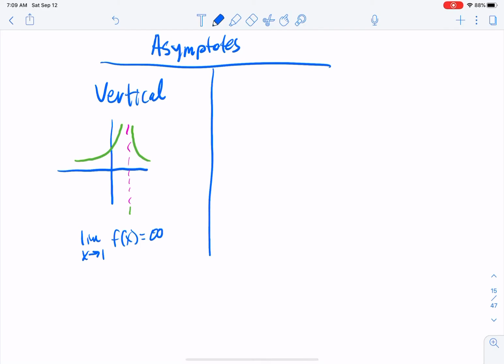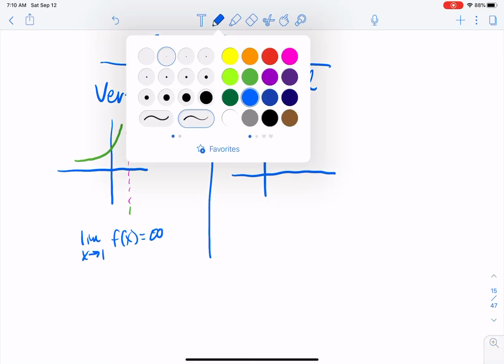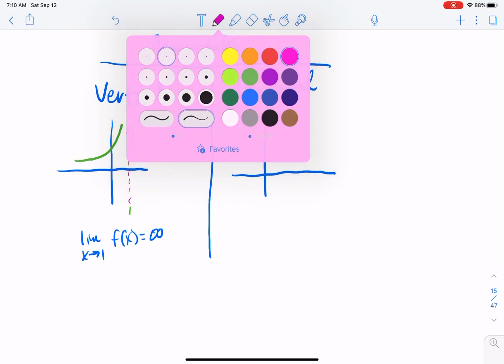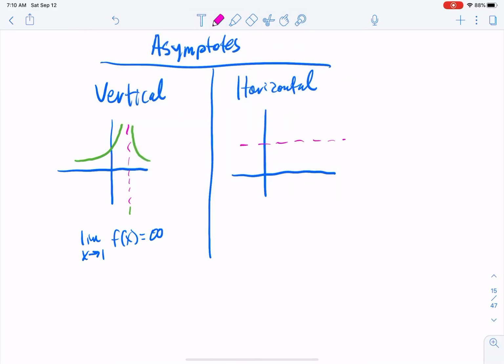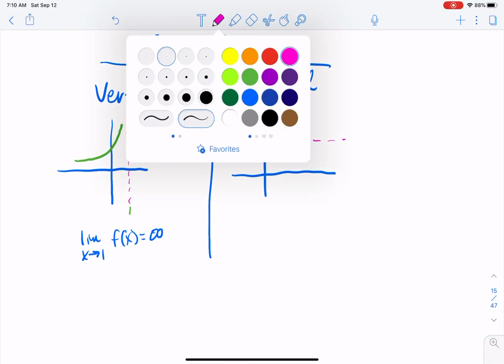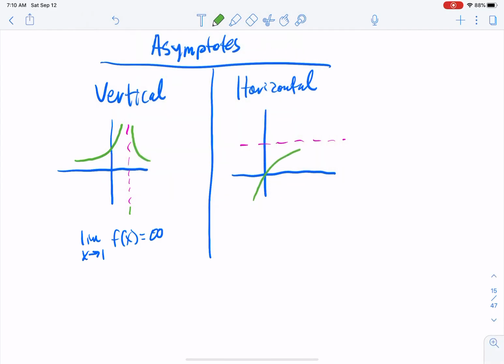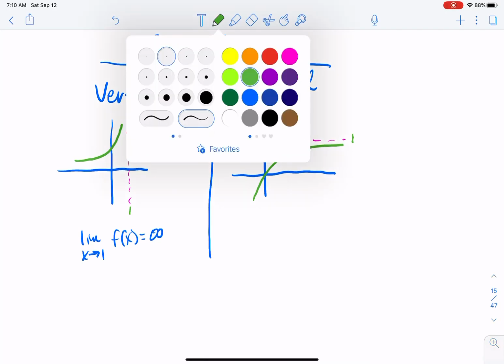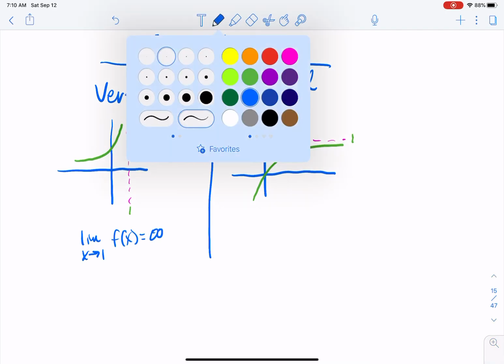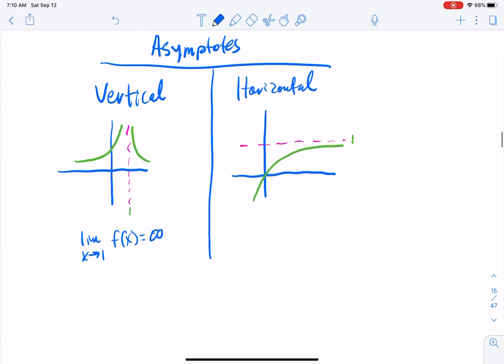All right, so then when we look at the horizontal one, taking a look at some sort of graph, this time we might have a horizontal asymptote thusly, and maybe my graph does something like this, and we'll call that number 1, just like we called the other one number 1. You'll see how these things have some similarities and some differences.